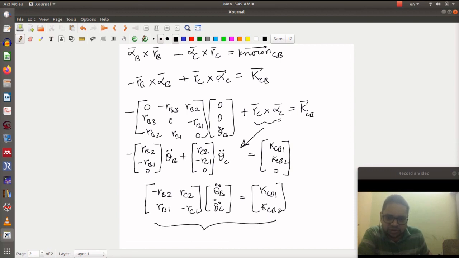This is just a 2 by 2 matrix. This is the unknown, so you can simply invert the matrix to find theta B dependent accelerations, theta C double dot. That's it.